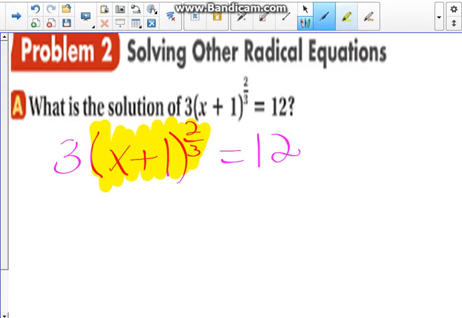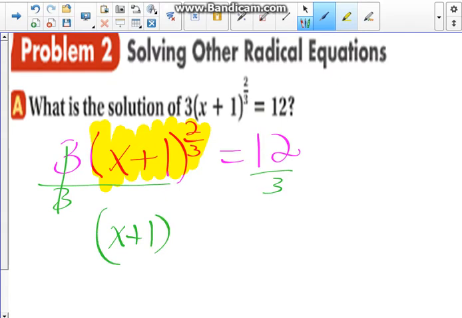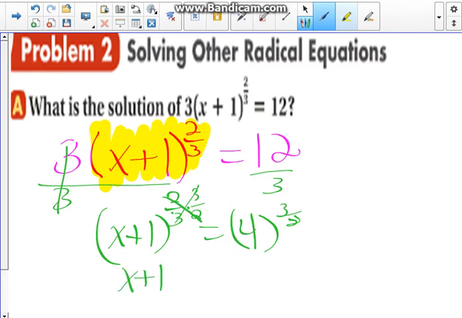So I'm going to divide each side by 3, and I'm left with x plus 1 all to the 2/3 power equal 4. Now I'm going to multiply each side times the reciprocal of the power, 3/2, and it cancels out, and I'm left with x plus 1 equals, and I'm going to go ahead and convert this, square root of 4 to the 3rd power.